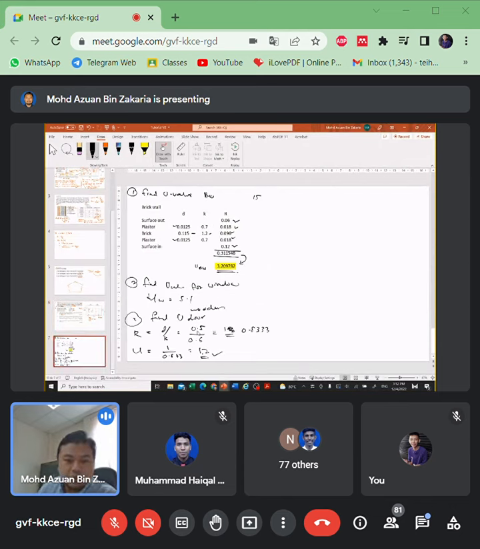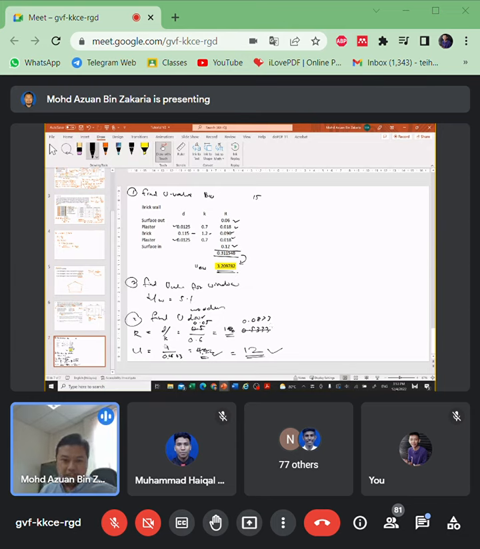Wooden door is 0.05. So it becomes 0.0833, and that's why this becomes 12. Yes. Okay, I calculated. That's why I was confused.